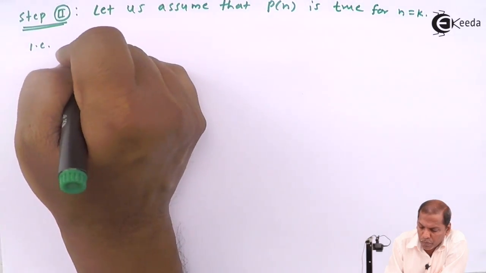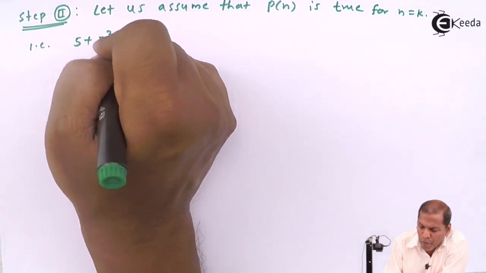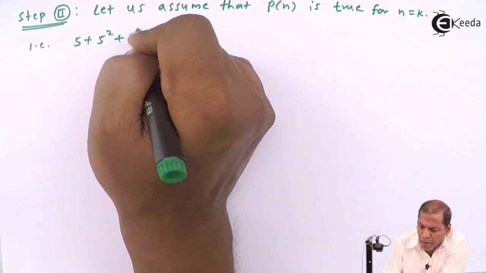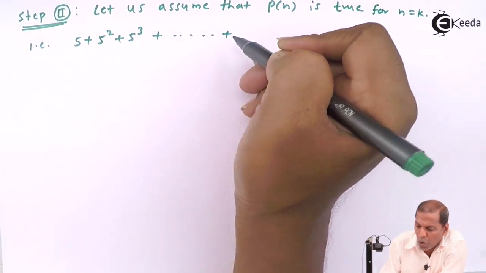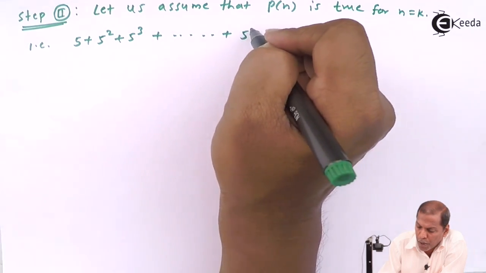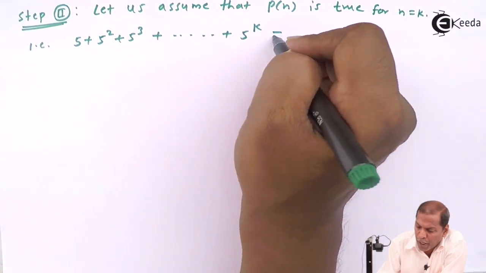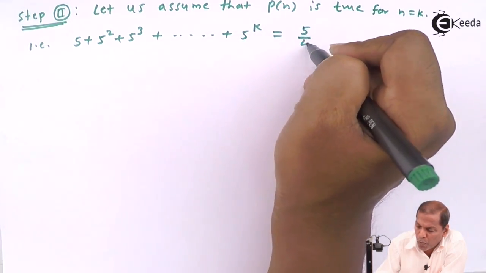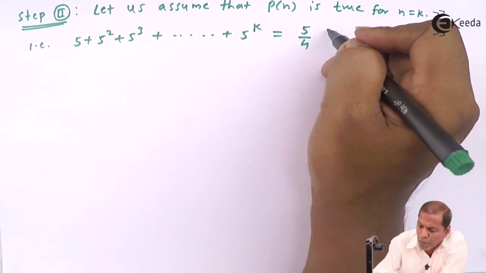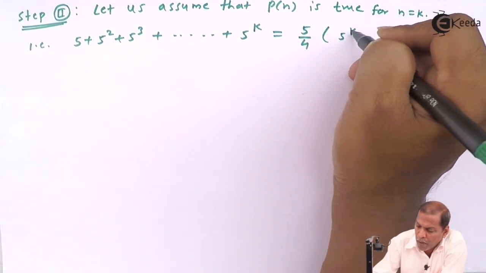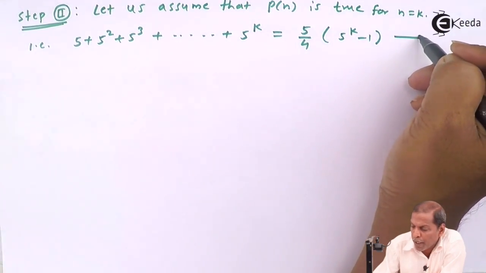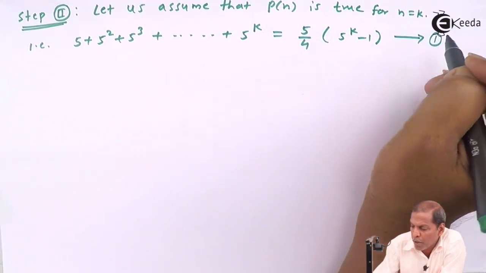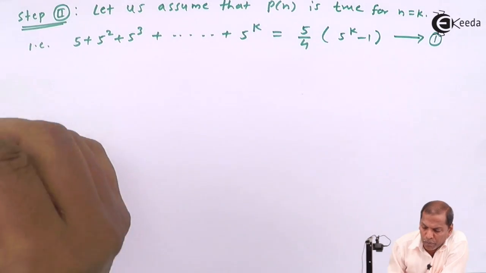That is, 5 + 5² + 5³ + ... + 5^k = 5/4 (5^k − 1). Let us denote this as equation number 1.